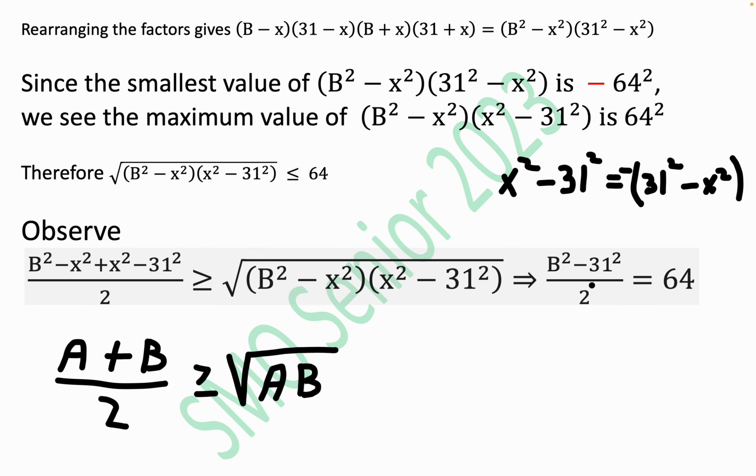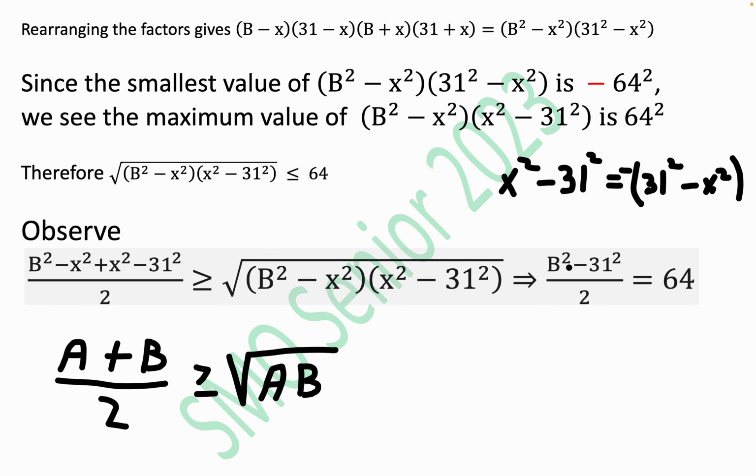So that's how we end up with this statement right here. Now, why is it equal to 64? Equality happens when a is equal to b, so equality does occur when a is equal to b, and this is what we end up with. It's fairly straightforward to solve from here.